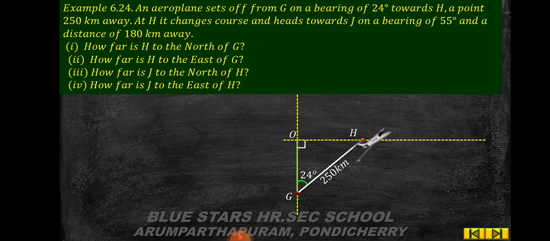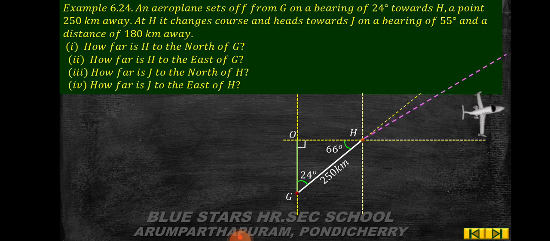Then mark the point as O and join GO. Then the angle at H is 66 degree. Then the aeroplane again reaches another point. From the point H, you can draw one line and mark the angle as 55 degree.